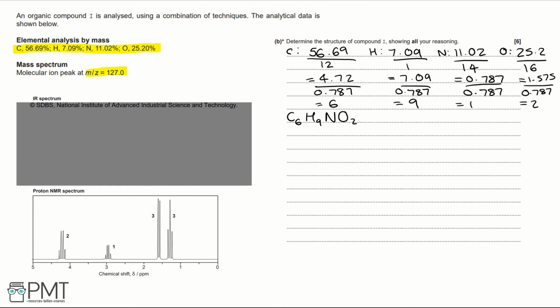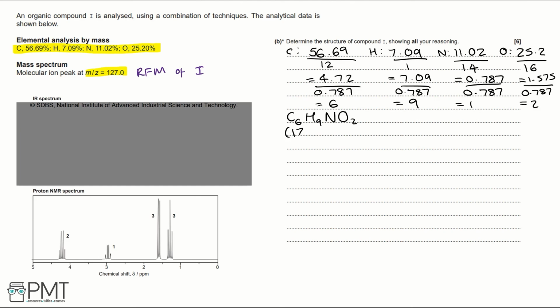Then we need to work out the molecular formula, and we do that using the molecular ion peak, which is going to be at 127. So that is the relative formula mass of our compound. If we work out the relative formula mass of our empirical formula, we can either scale up or keep it the same. You can't scale down because empirical formula is the simplest way to write the molecular formula of a compound.